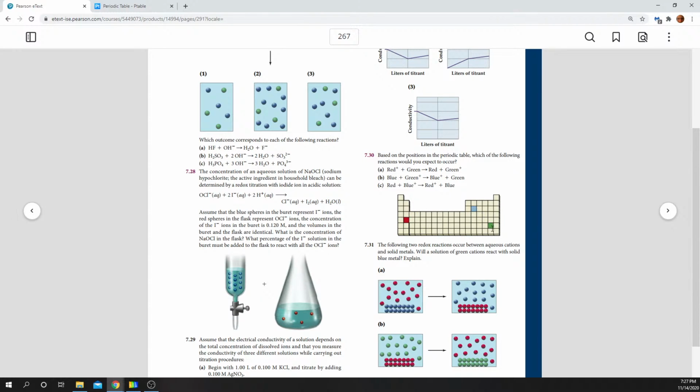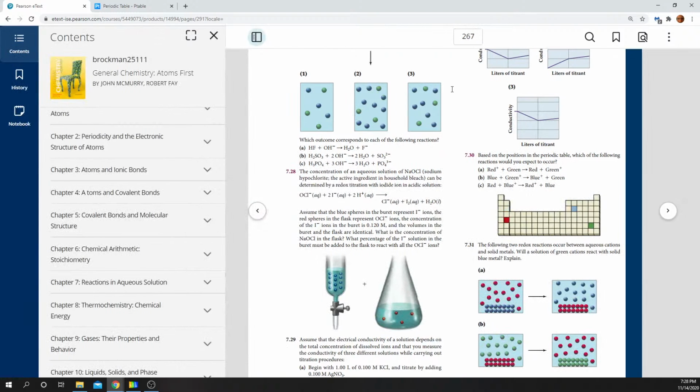Blue and green plus goes to blue plus green. I could see that. That's silicon versus iodine. I could see iodine forcing silicon to oxidize. Red plus blue plus goes to red plus blue. I could see that one as well. I could see both B and C in that one.